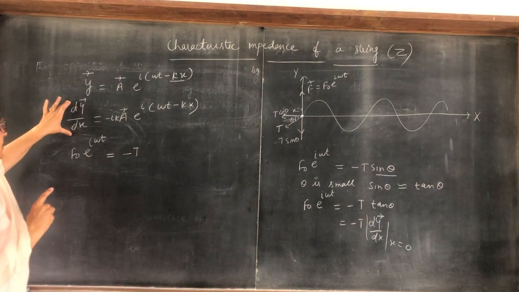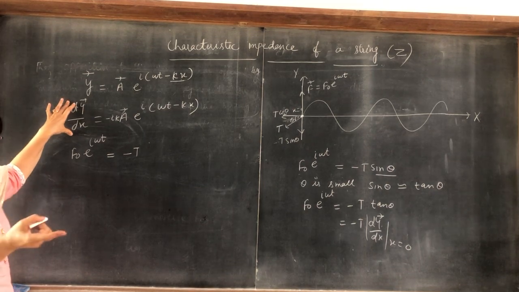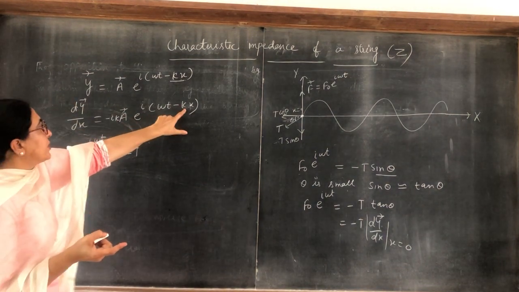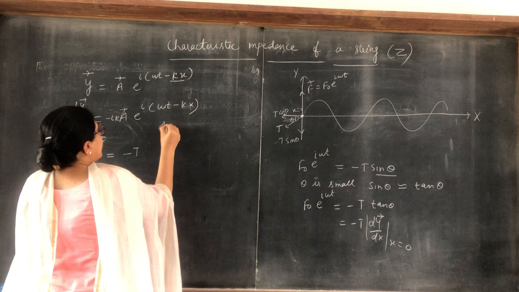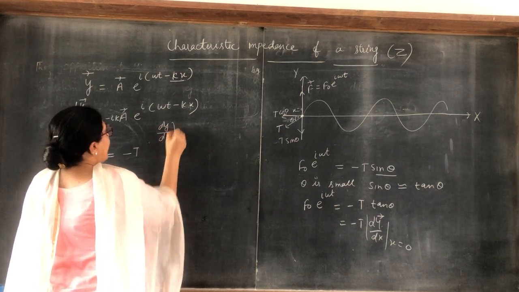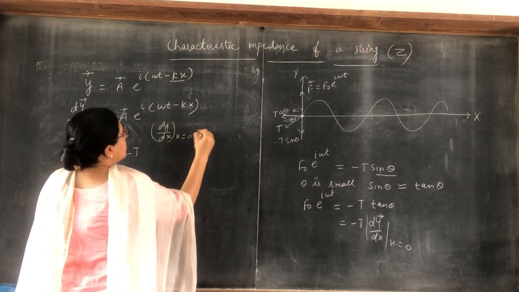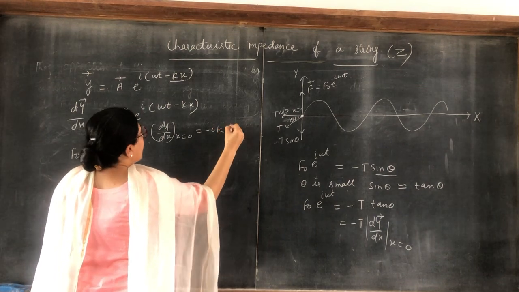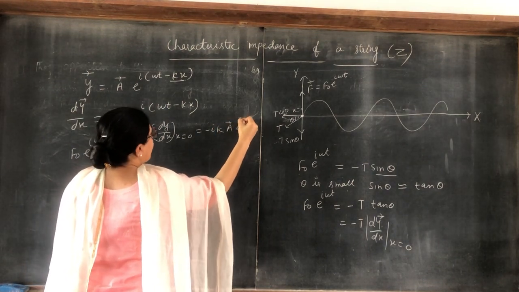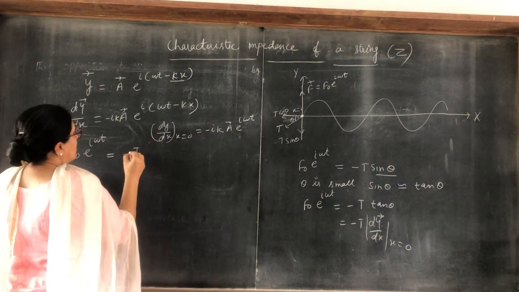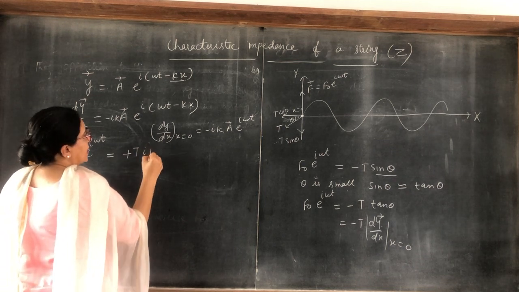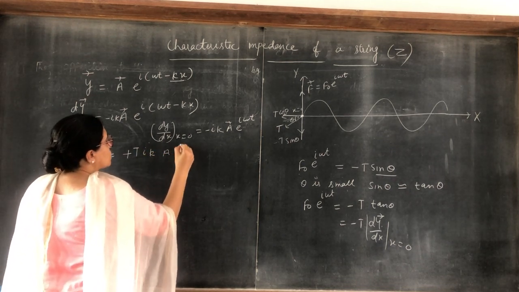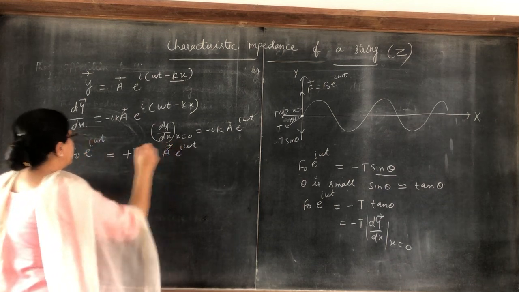Now we have found the derivative of this. Now put x is equal to 0. When you put x is equal to 0, dy by dx at x is equal to 0 is equal to minus iota k a e raised to power iota omega t. So minus minus plus, iota k a e raised to power iota omega t.